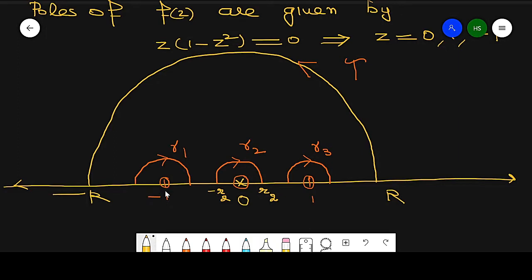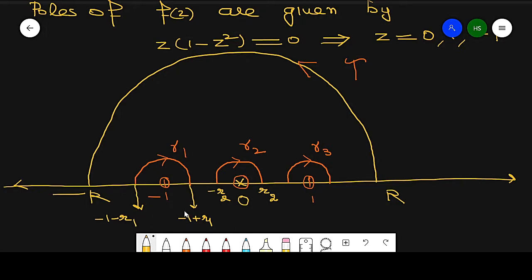Here check that this point is 1. So this point will be minus 1 plus r1, and this is minus 1 minus r1.